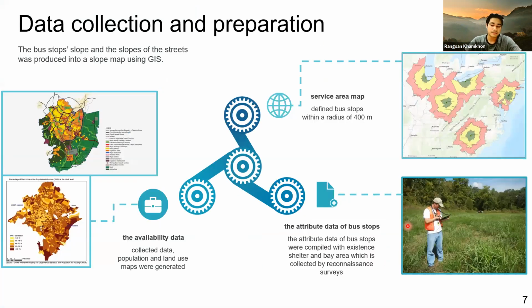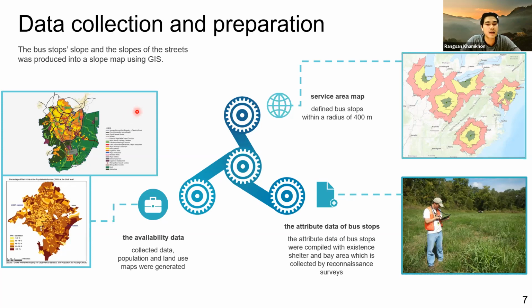Okay. For data collection and preparation, the bus stop slope and the slope of the street were produced into a slope map using GIS, and there are 3 main data.